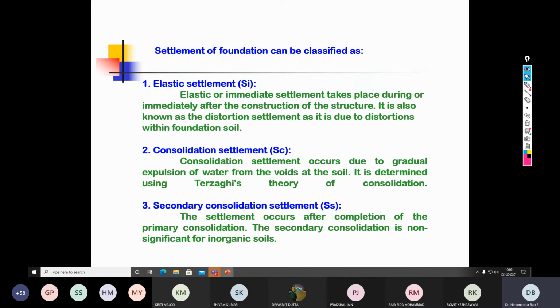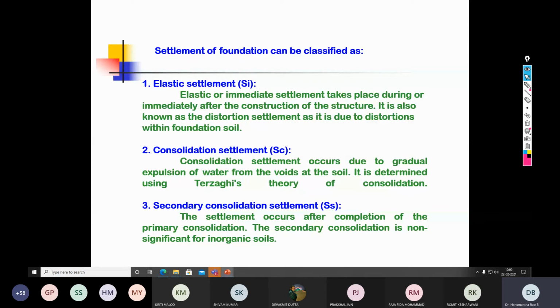These clayey soils hold the water due to the diffused double layer, and this diffused double layer water gets released when you increase the stress on the soil. In the case of the elastic settlement, the settlement is primarily because of the compression of the grains, which could happen immediately after the load. On the other hand, the consolidation settlement is a time-bound phenomenon.